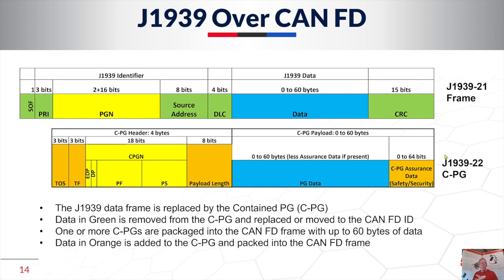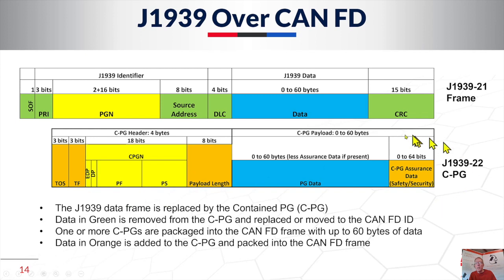Here is how it's implemented in a nutshell, and I can't get into too much detail because of the amount of time I have. We've taken the classic CAN J1939 frame and stripped some stuff out that's going to be common between a number of frames. We've identified the contained PG and added a few fields like the type of service and trailer format.